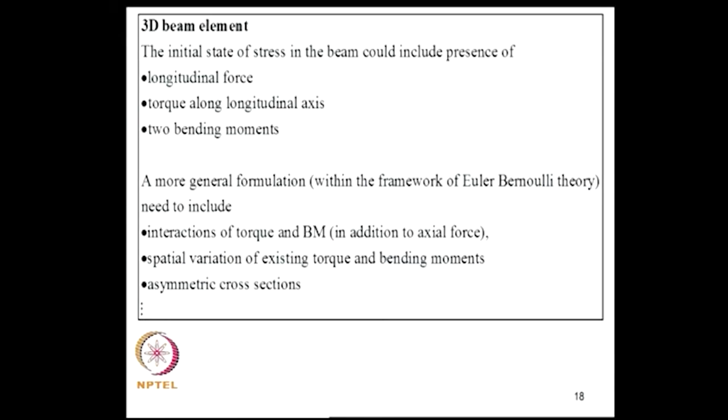So, now the question arises how they will interact, why only axial load should interact with bending, why not bending interact with torque, or torque interacts with another planar deformation, so on and so forth. So, a general formulation within the framework of Euler-Bernoulli theory needs to include interaction of torque and bending moment in addition to axial force, and spatial variation of torque and bending moments within an element.